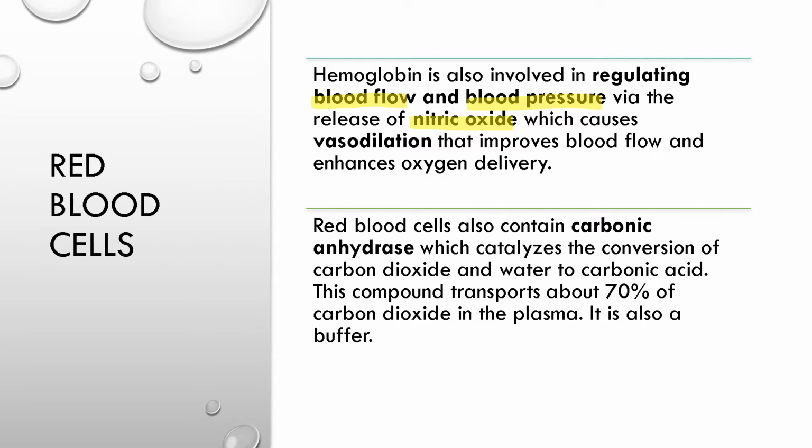Now, under some circumstances, hemoglobin releases nitric oxide, which then goes on to cause vasodilation. Recall this is an increase in the blood vessel diameter that occurs when the smooth muscle in the blood vessel wall relaxes.